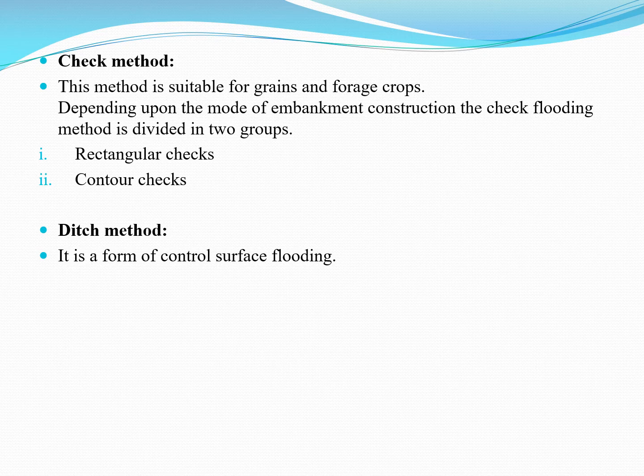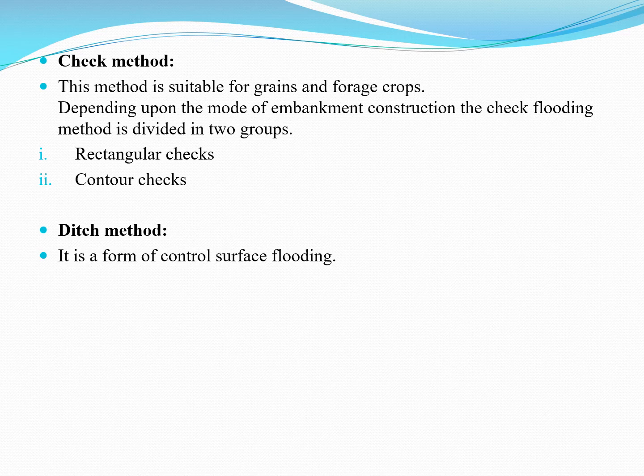And this method is generally used for grains and forage crops. Okay, so for grains and forage crops, this method is generally adopted. Forage means in Marathi we say it as chara.